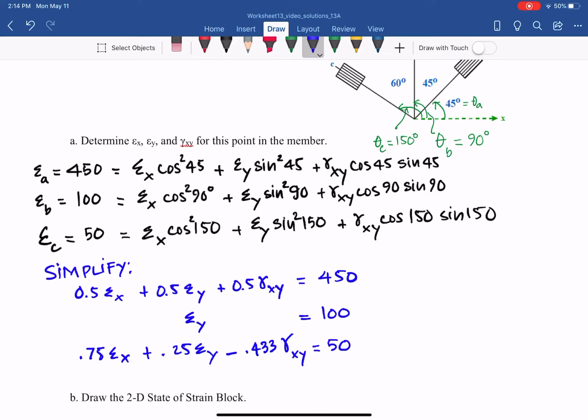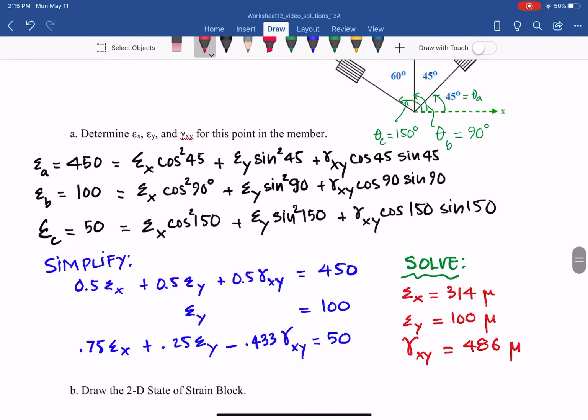So without making more complication, solving for this, I have epsilon x equal to 314 micro, epsilon y 100 micro, and gamma xy equal to 486 micro inch per inch.